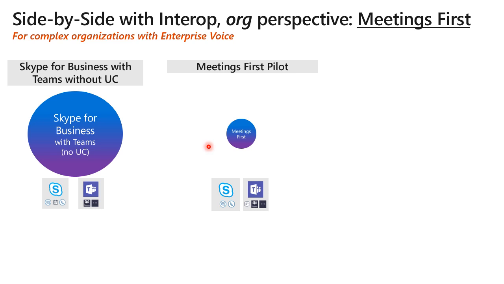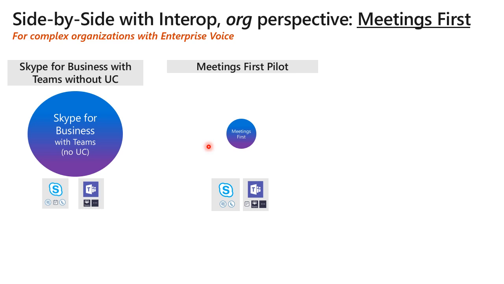Now, again, remember with the meetings workload, we're really talking about scheduling meetings here, right? So if I start my pilot, again using round numbers, with 20,000 people in the org, maybe I start with 1,000 folks. These 1,000 folks start creating new meetings in Teams. They'll still have their Skype client, so they can join Skype meetings that everybody else in the org is still creating.